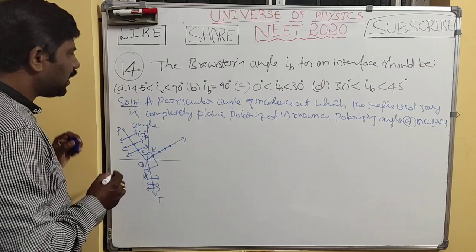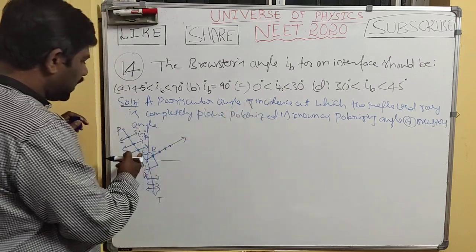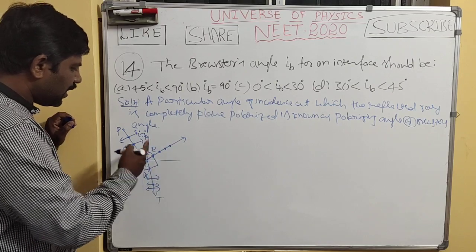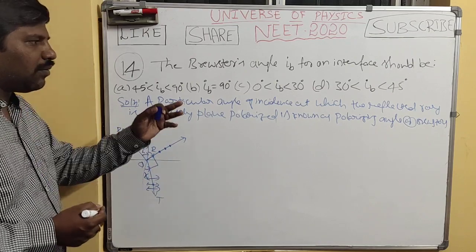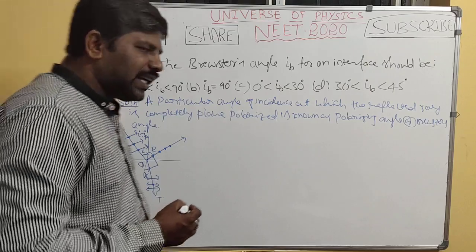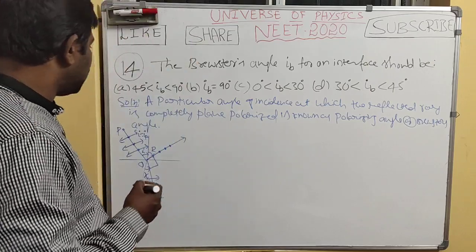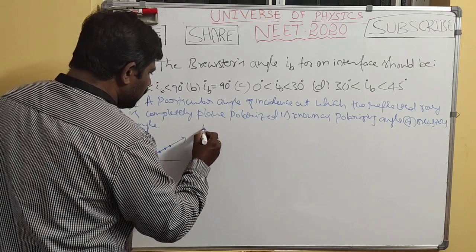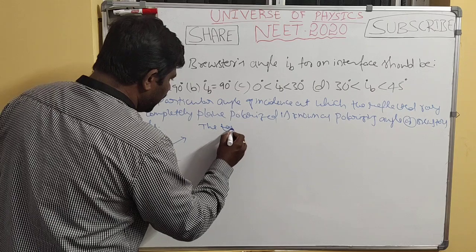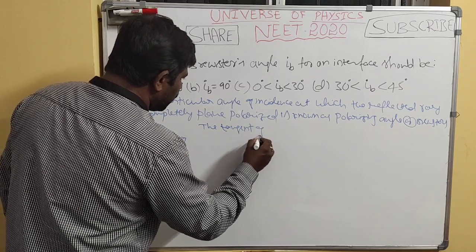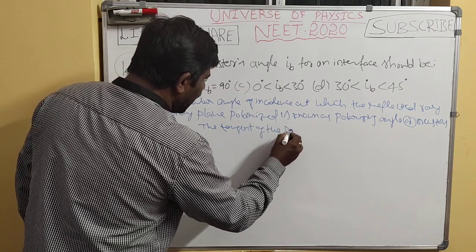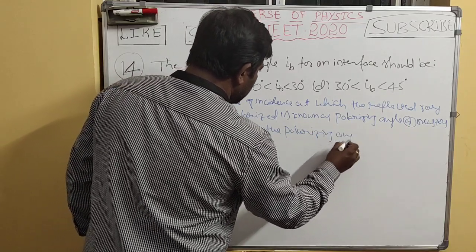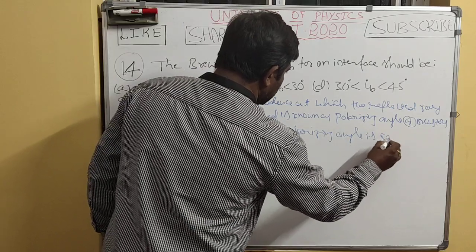That is, Brewster's angle is a particular angle of incidence at which the reflected ray is completely plane polarized, known as Brewster's angle or polarizing angle.